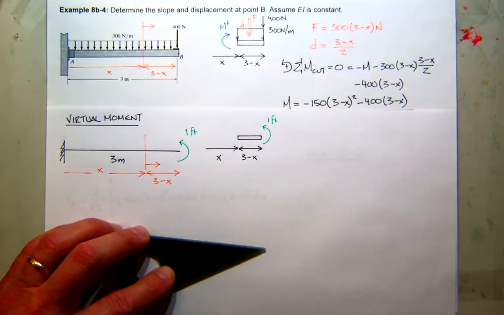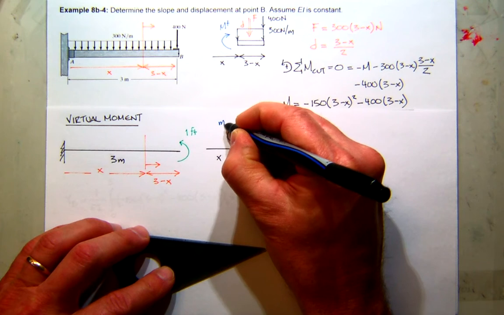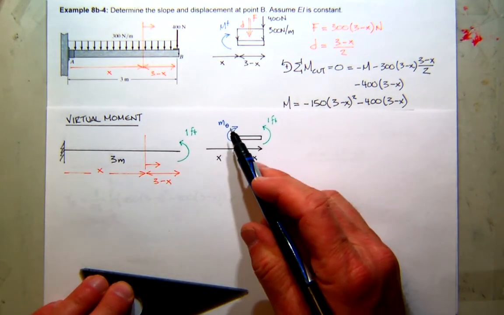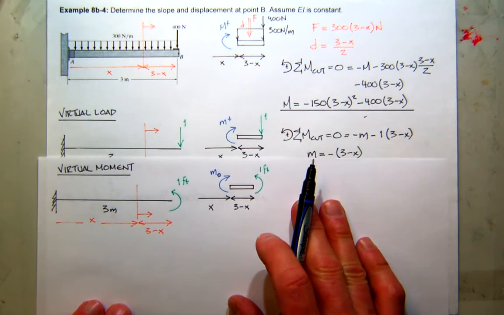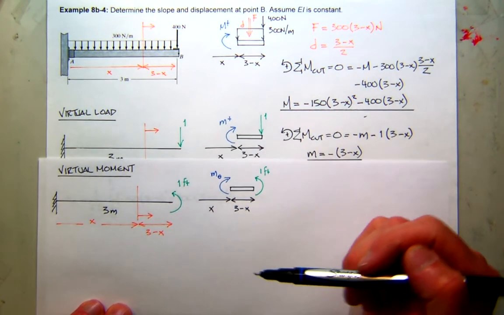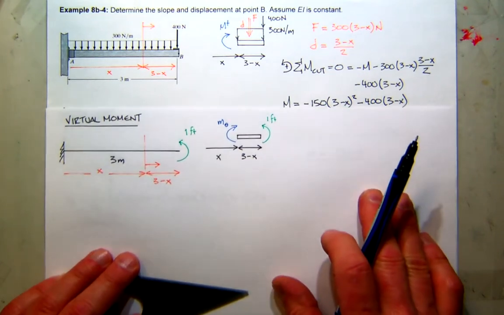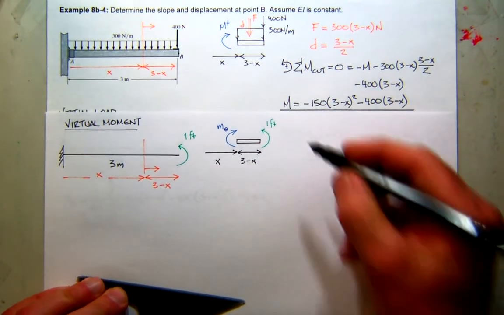And then what we have in reaction to that is an internal moment. We use the subscript theta to distinguish between one caused by a rotation and one caused by a force. Once we've done that, we just proceed as before.